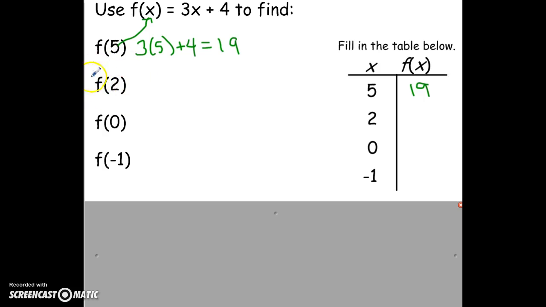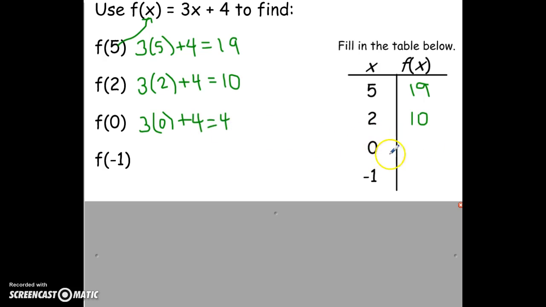You have this example on your paper, so do it with me. 3, replacing the x with 2, plus 4. 3 times 2 is 6, plus 4 is 10. So when the input is 2, the output is 10. 3 times 0 is 0, plus 4 equals 4.